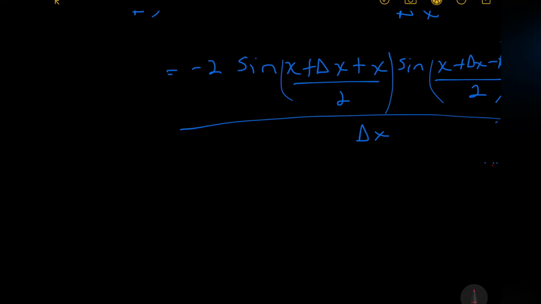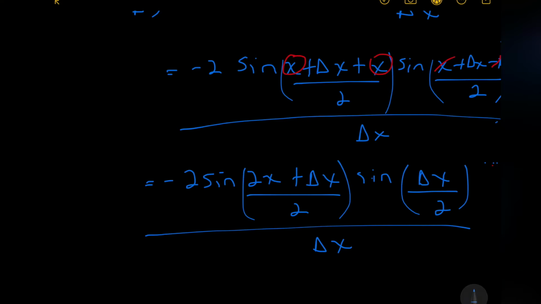If we look here, x cancels x in the second term, and x plus x is equal to 2x. So let's put those in. Now this is what we have.